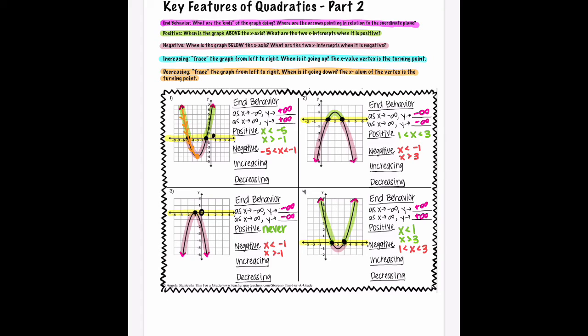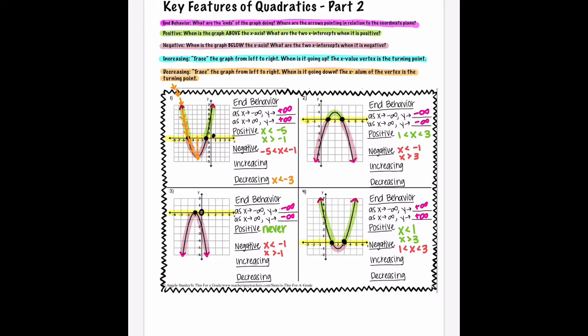So which x values are we decreasing between? Remember this graph is coming from infinity, so it keeps on going that direction. It's coming down, down, down until it gets to the x value of -3. So when x is less than -3, that graph was going downward.